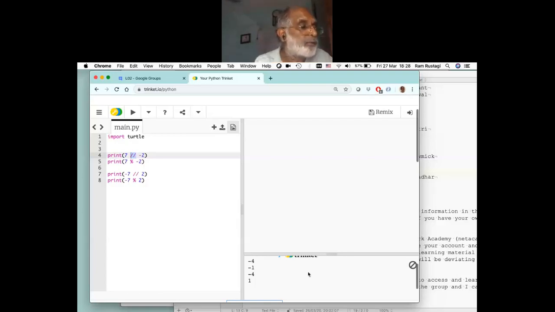So if you look at the formula, A is, let's say, 7, B is the divisor, Q is the quotient, and then R is the remainder. You have to follow this formula. So A is 7, B is -2, Q becomes -4 because it's floor division, and my R has to be -1 to make it 7.